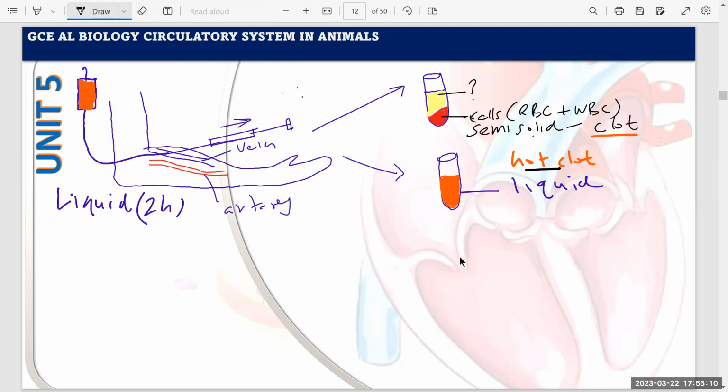Okay, then we go further with this non-liquid one. If we want to know the composition of the blood, we take, let's say, 10 milliliters of blood from a person with a syringe, and then place it in a test tube. After that, normal labs. There are labs called diagnostic labs.